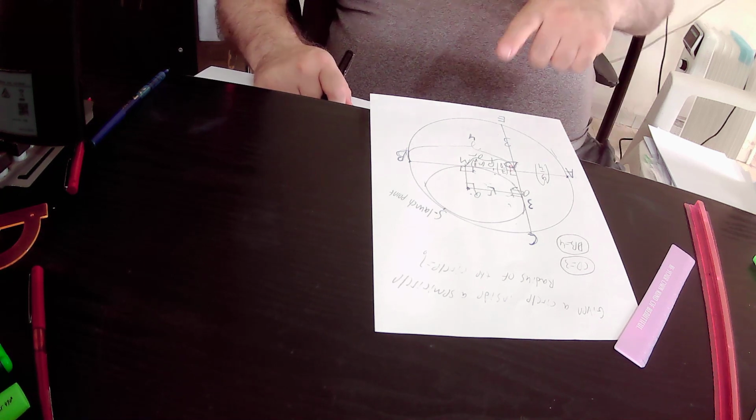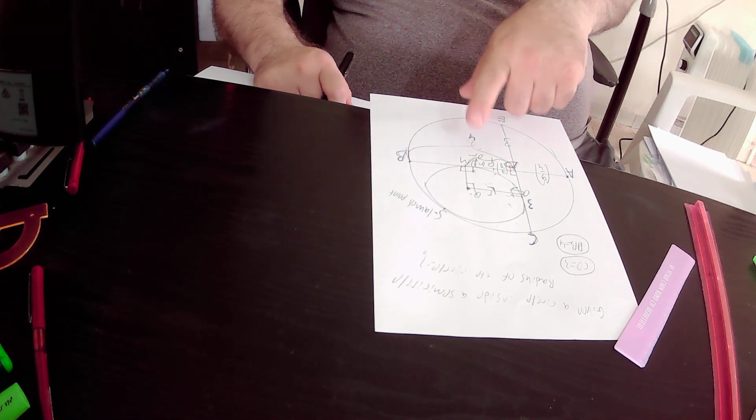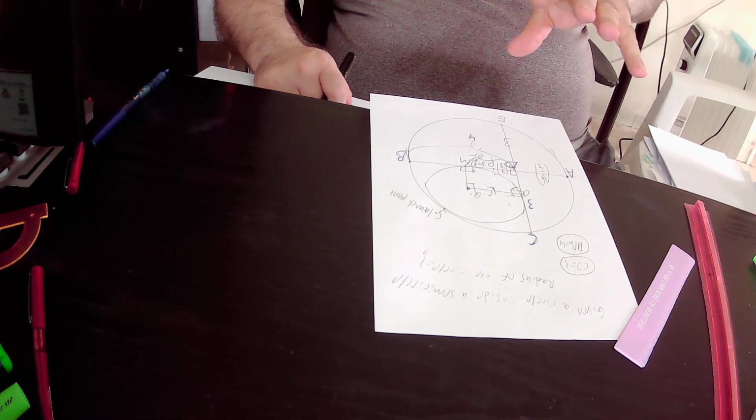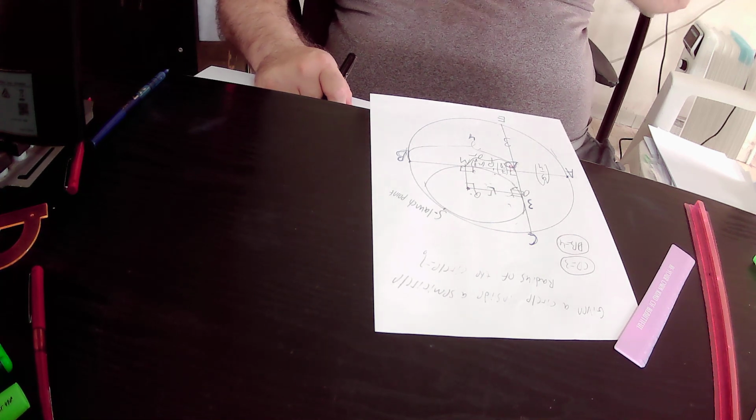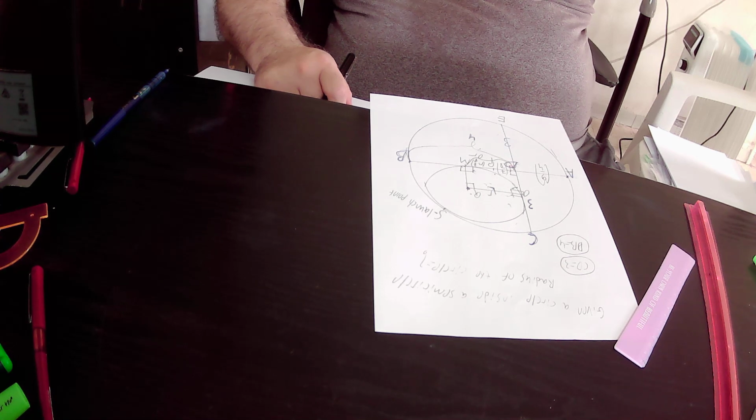So here I wrote that S is the point where the two circles touch each other internally.